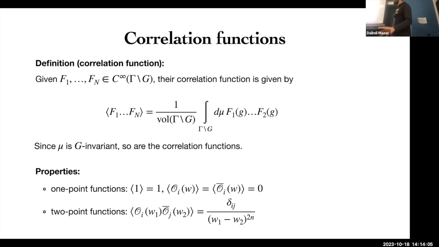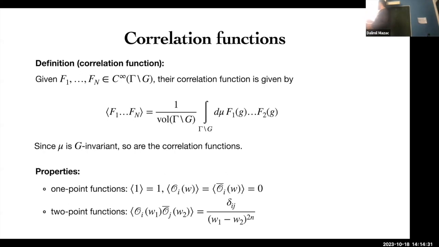And now when you do that, you can define correlation functions, which you define by first taking a bunch of smooth functions on G mod gamma and defining their correlation to be just an integral of their product. So almost exactly like what we do in CFTs. Here's the definition. Because the measure is G invariant, these correlation functions are also G invariant.